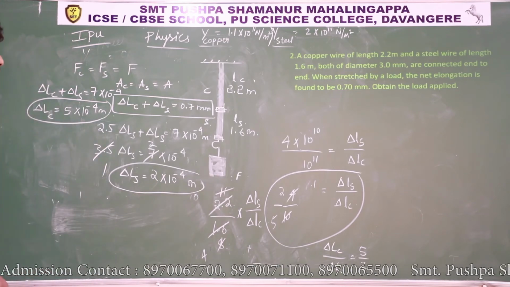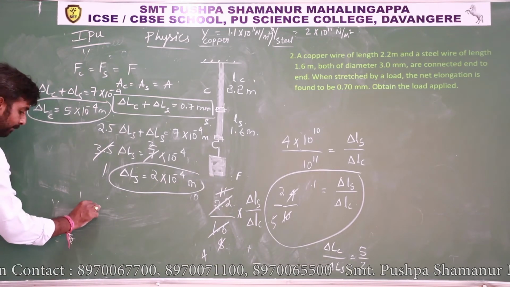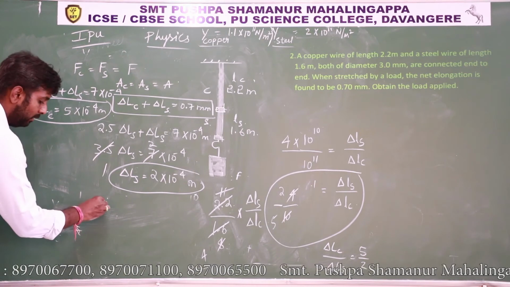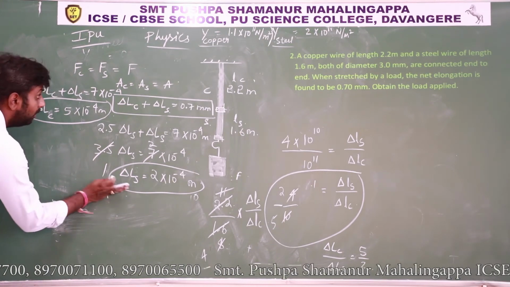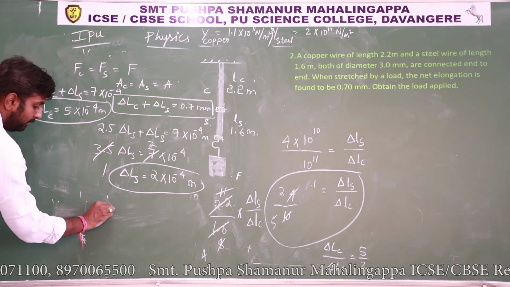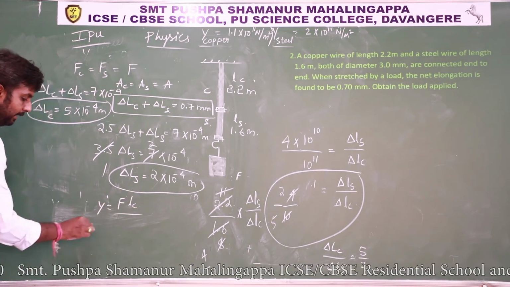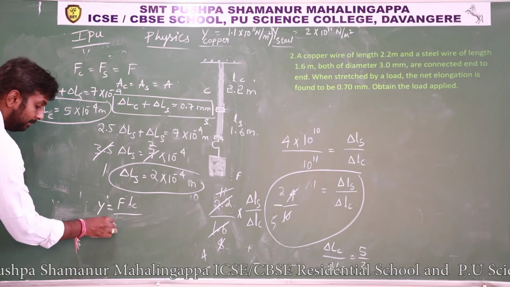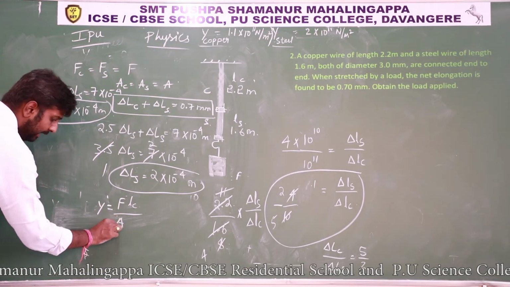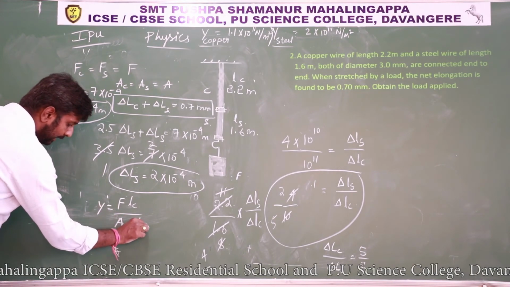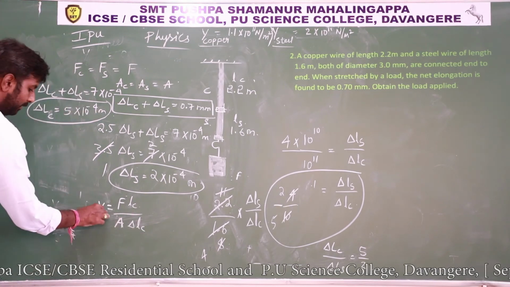After calculating delta LC and delta LS, the final thing is we have to find the value of F. The basic formula is Y equals F LC divided by A into delta LC, isn't it? This is the formula for copper.